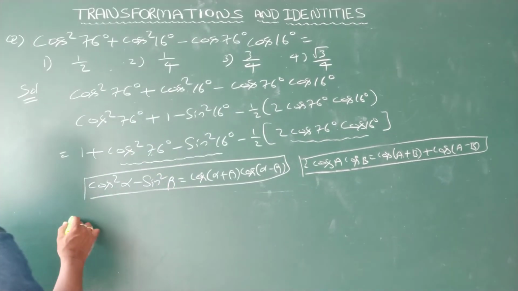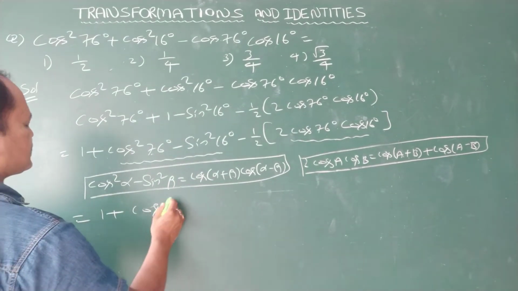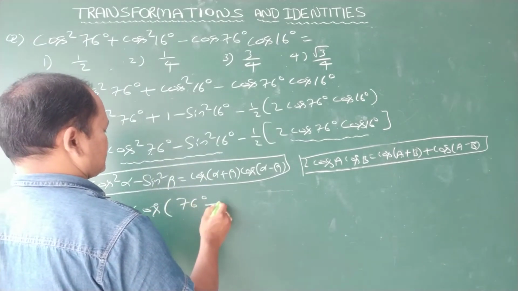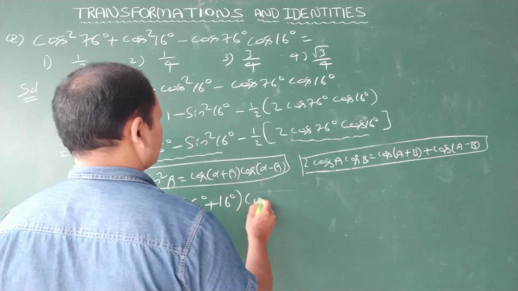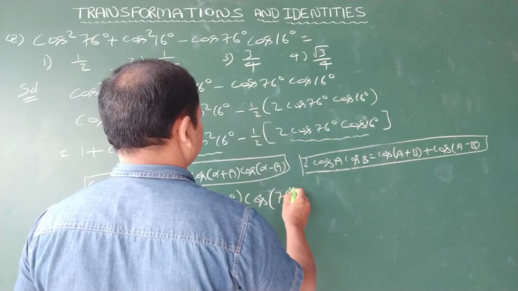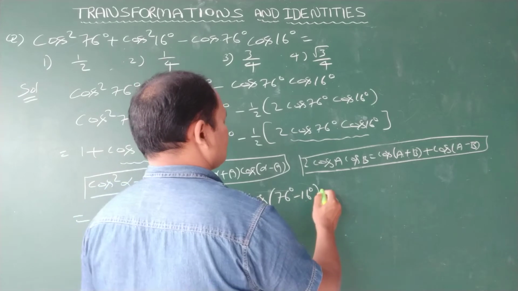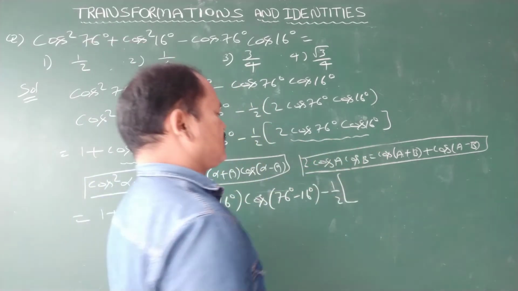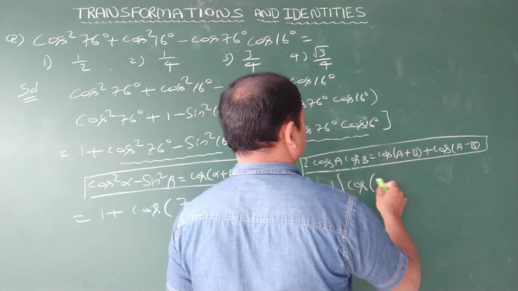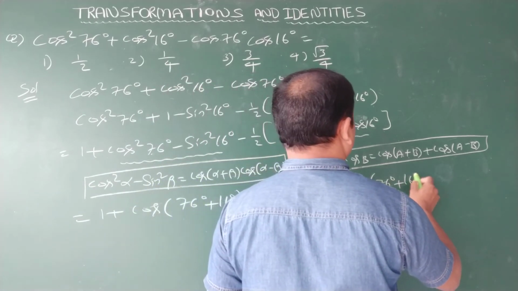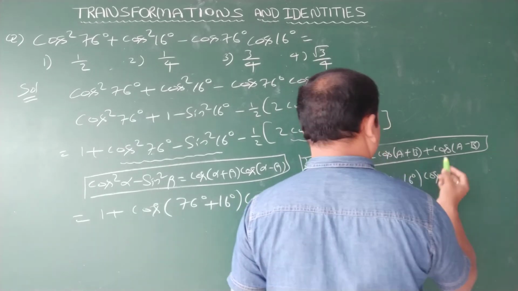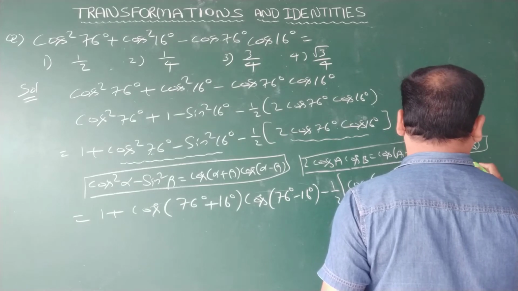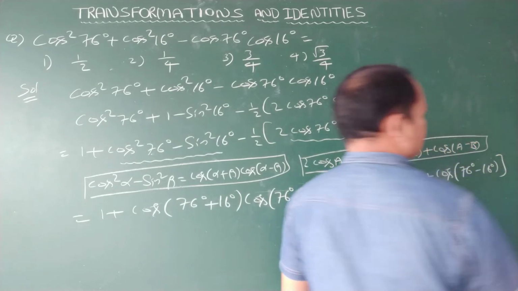Now here this is 1 plus cos, according to this formula, alpha plus beta, 76 plus 16 degrees, into cos 76 minus 16 degrees, minus 1 by 2 times of cos A plus B plus cos A minus B. That is cos 76 plus 16 plus cos 76 minus 16 degrees. Right.